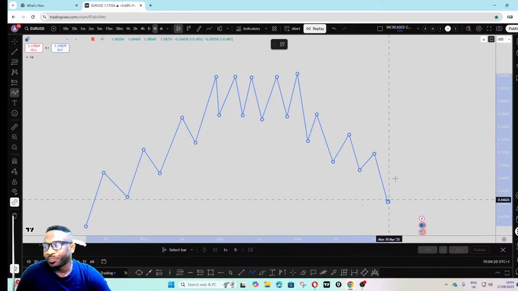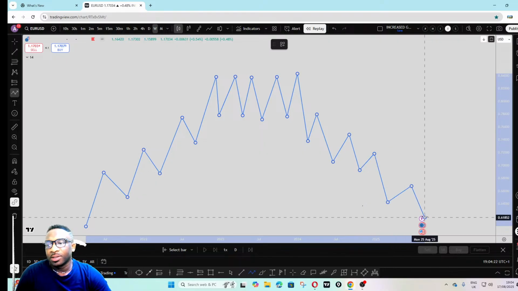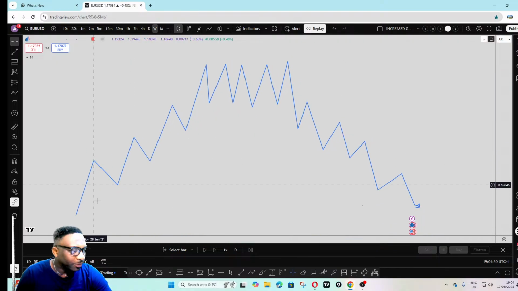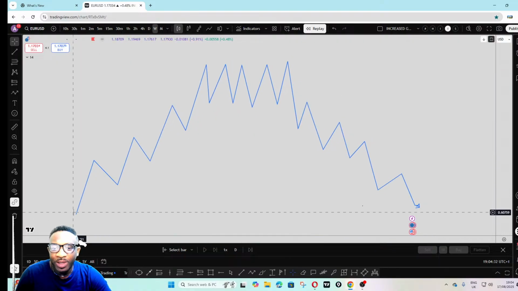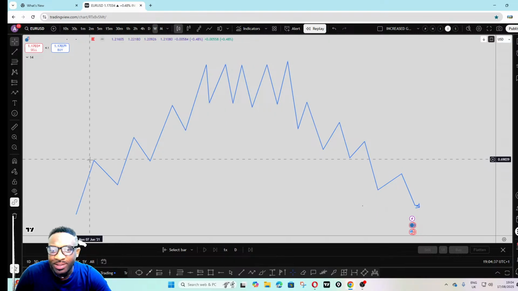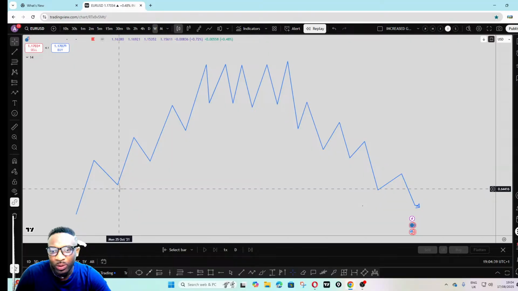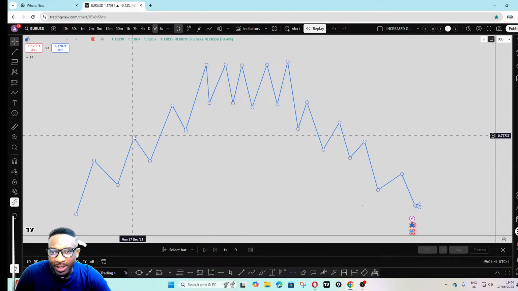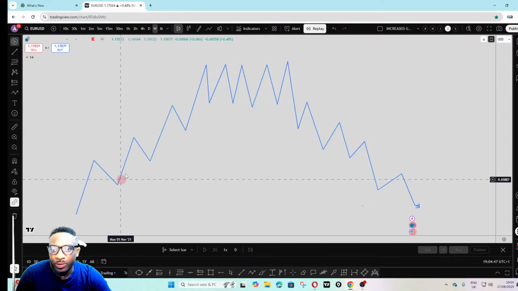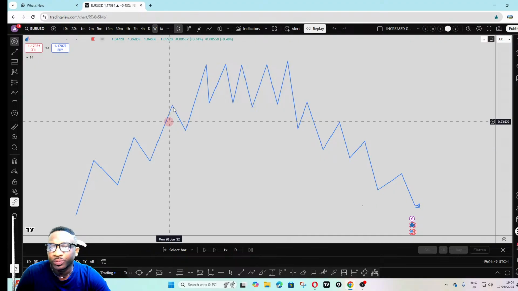Okay, so that is the market structure. Right from here, we can see that price began from here, moving upward, creating higher highs and then higher lows. Higher high, higher low, higher high, higher low.